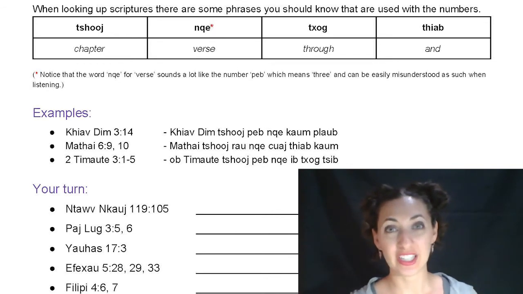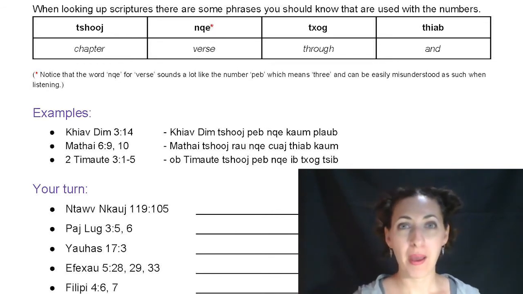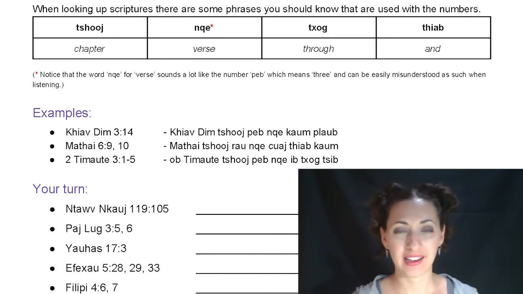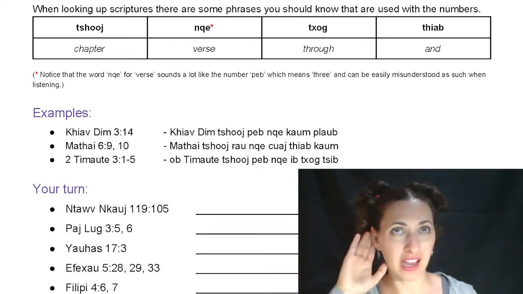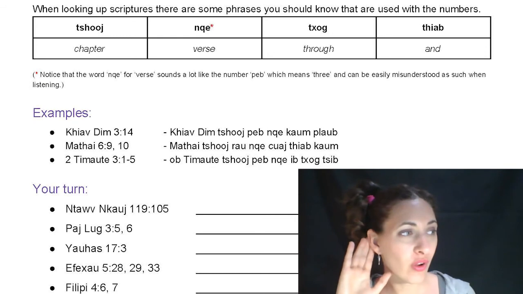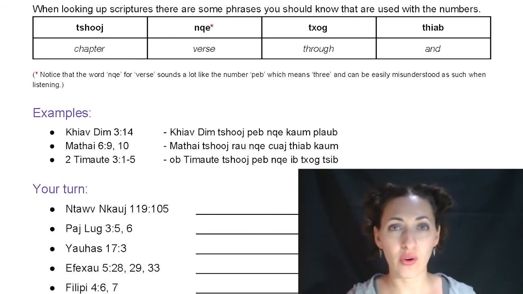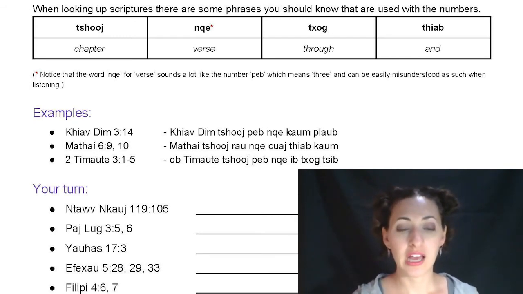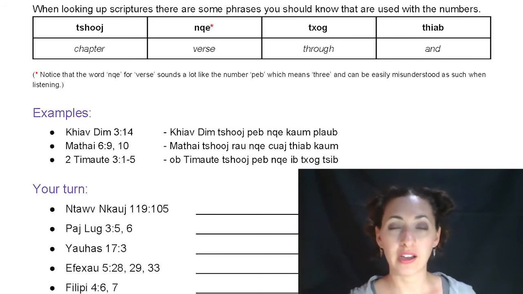Good. The second example. Ma thai. Chong zhao. Chapter 6.